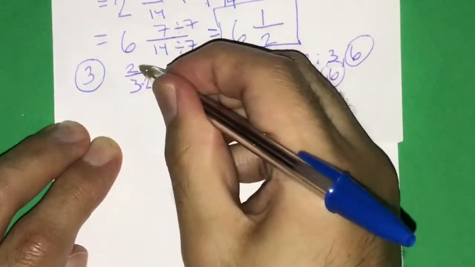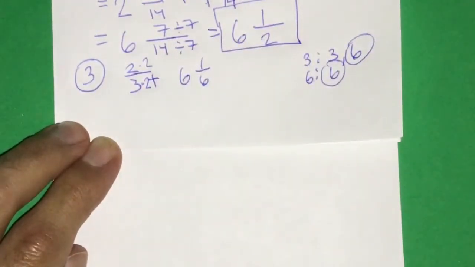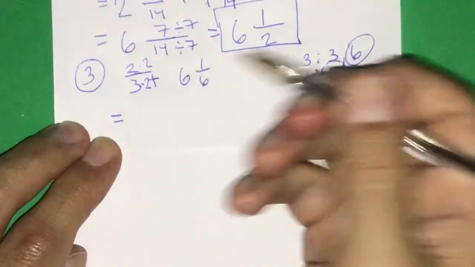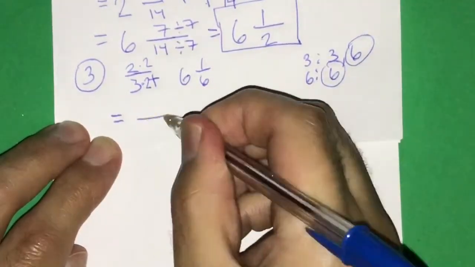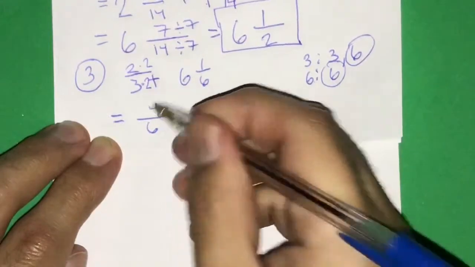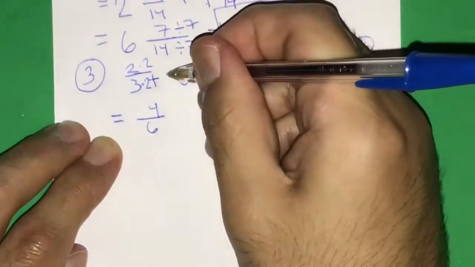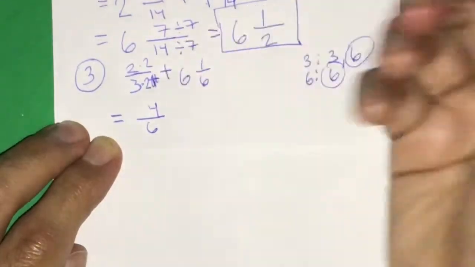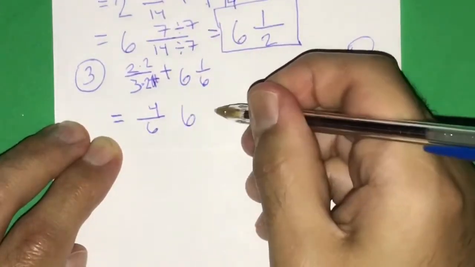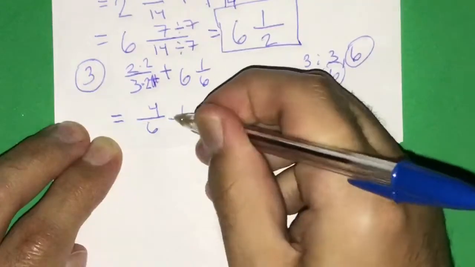Okay, and we're also going to have to multiply the numerator by 2 to get an equivalent fraction. So we see that this equivalent fraction is going to be 2 times 2, that's 4. And we're also adding this 6 1/6.